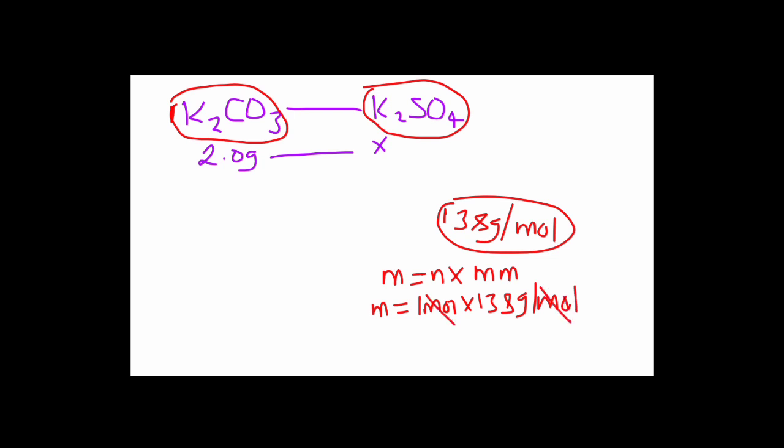Mole and mole will go, and the mass will be 138 grams. It means you have converted your molar mass of potassium carbonate to mass. Now this mass is the one we are going to put here: 138 grams.